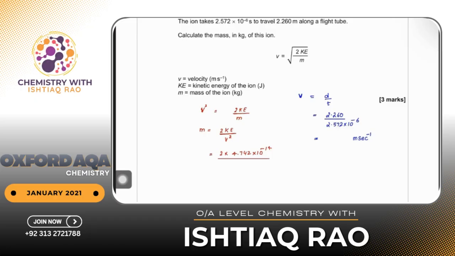So the final answer will be 1.2 times 10 to the power of negative 25. Yeah, it's coming out like this. 10 to the power what? Negative 25. Okay.